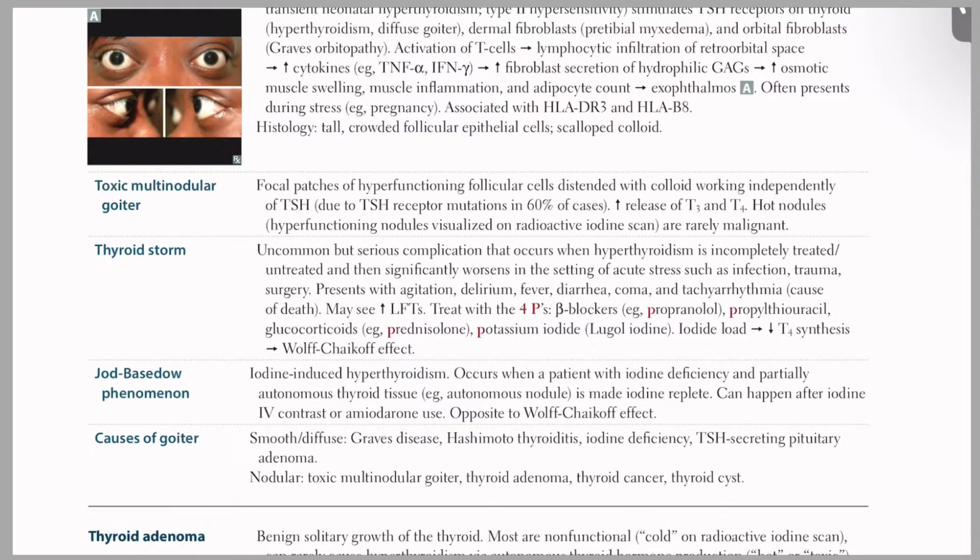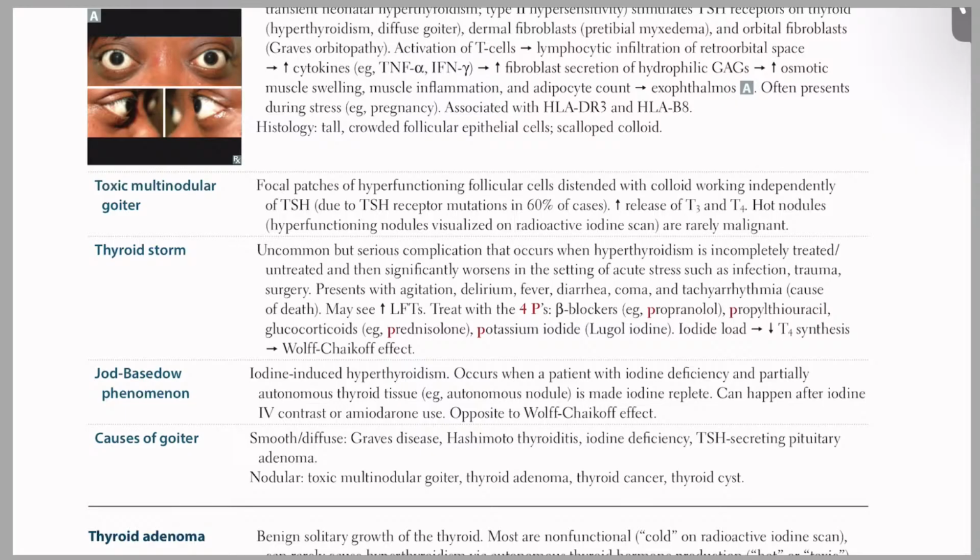Jod-Basedow phenomenon. Iodine-induced hyperthyroidism occurs when a patient with iodine deficiency and partially autonomous thyroid tissue, that is autonomous nodule, is made iodine replete.